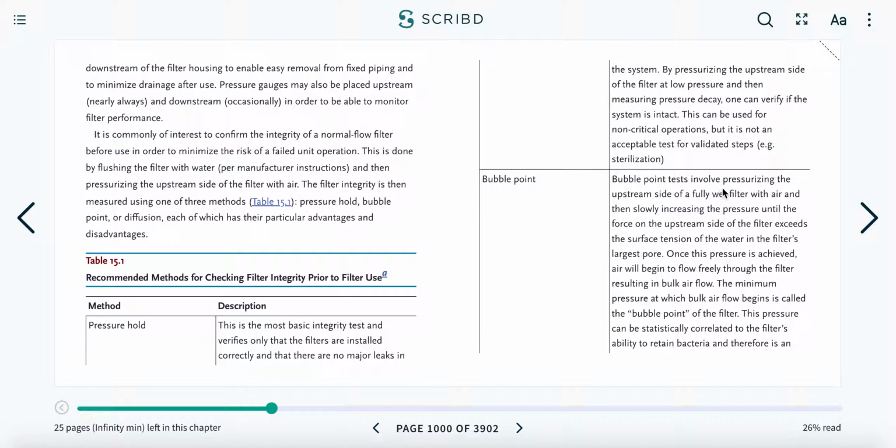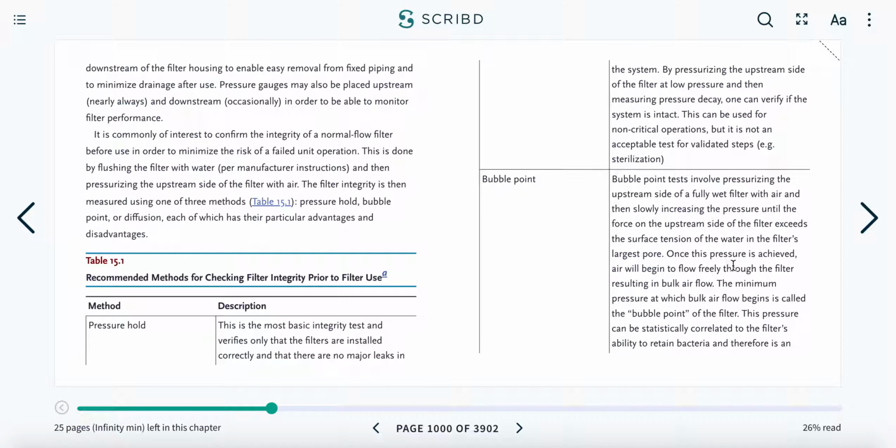Bubble point is done when the filter is fully wet. You pressurize this wet filter with air, and then slowly increase the pressure until the force on the upstream side of the filter exceeds the surface tension of the water in the filter's largest pore.